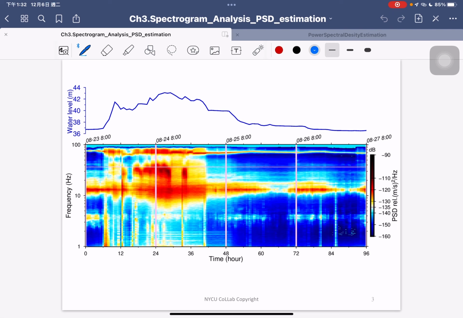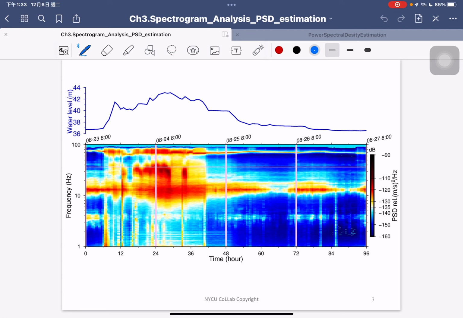Okay, so as I mentioned here, you can see some strong signals that are not correlated with the water level vibrations, because the level didn't change, but there are some strong signal vibrations.